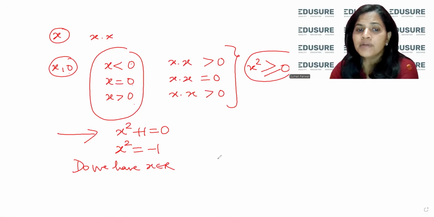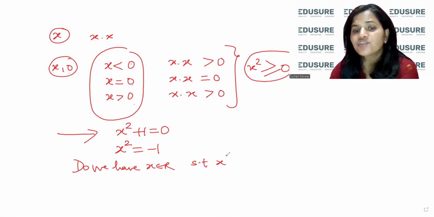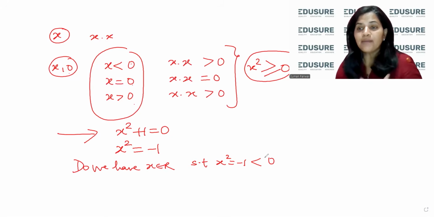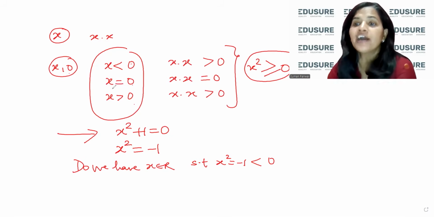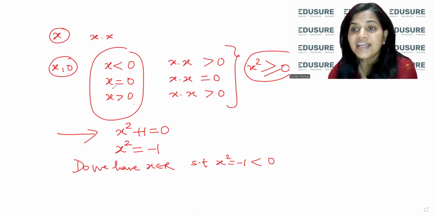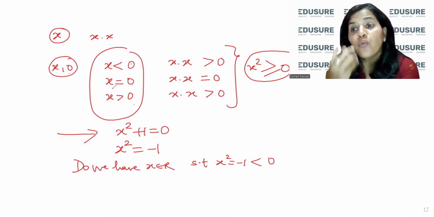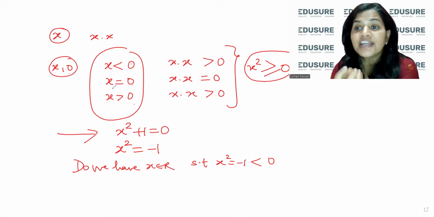Do we have a real number such that x squared is equal to minus 1, which is negative? Do we have a real number whose square is negative? No, the answer is no. The law of trichotomy says that we cannot have a real number whose square is negative. Therefore, what kind of numbers are going to satisfy this? Now comes the concept of complex numbers.